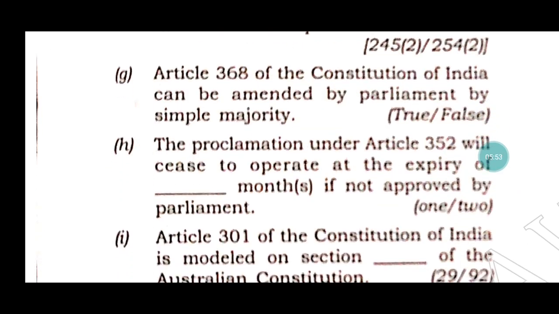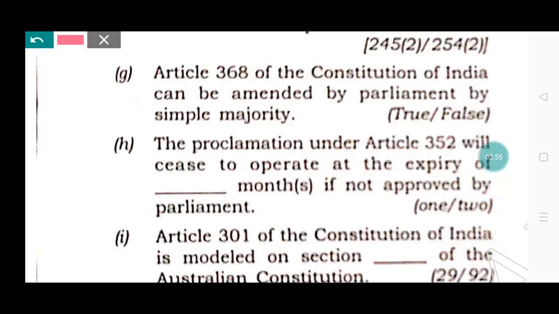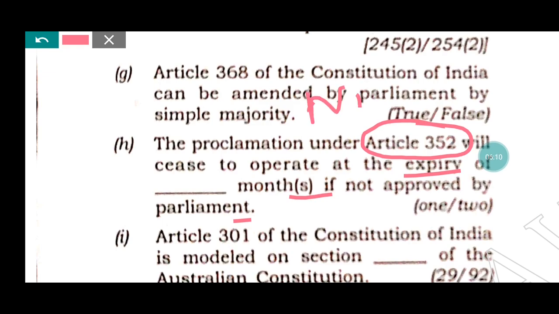Look at the next question. The proclamation under Article 352 will cease to operate at the expiry of dash months if not approved by the Parliament. Article 352 of the Indian Constitution deals with emergency, that is national emergency. There are three types of emergencies under the Indian Constitution: number one is national emergency, then state emergency, and lastly financial emergency.